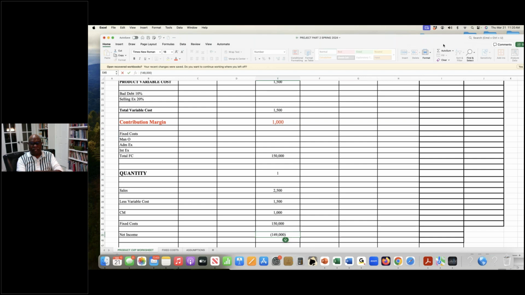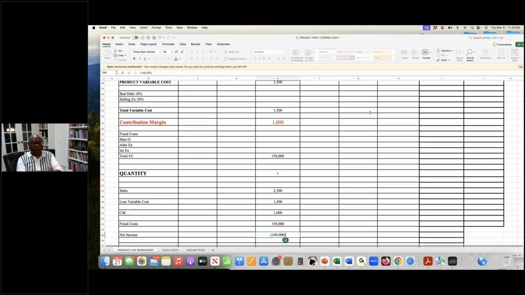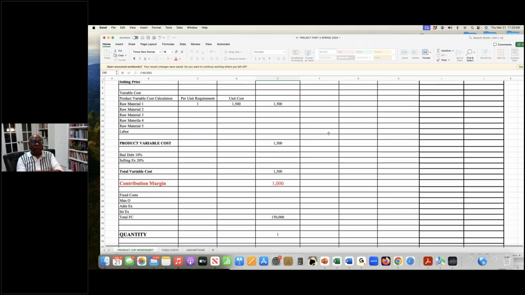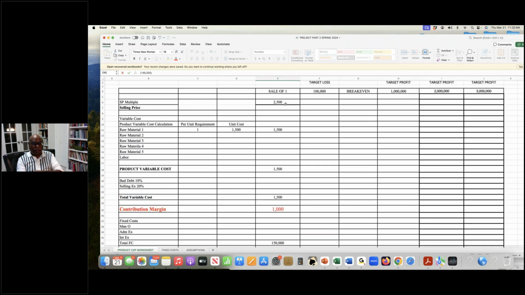Professor, is the product variable cost supposed to be 1,500 or 1,000? 1,500. 2,500 less 1,500. So all we're saying is that we sell a computer for 2,500.